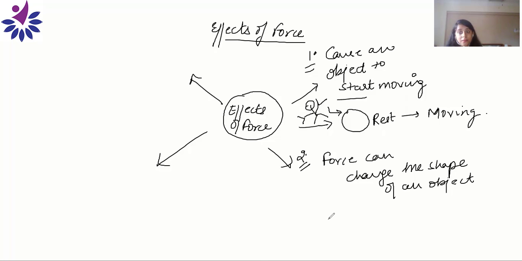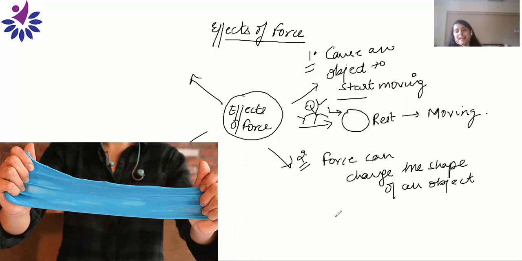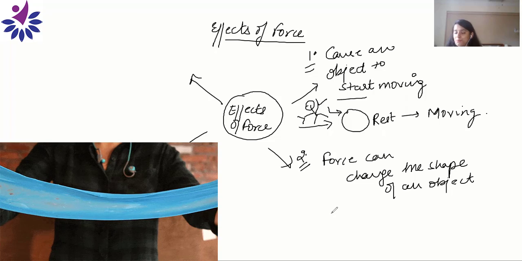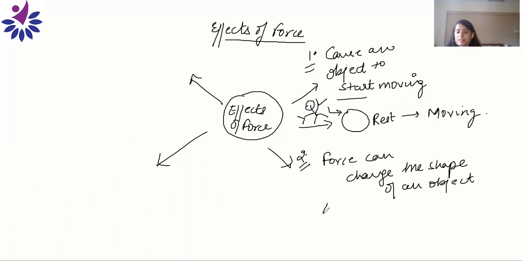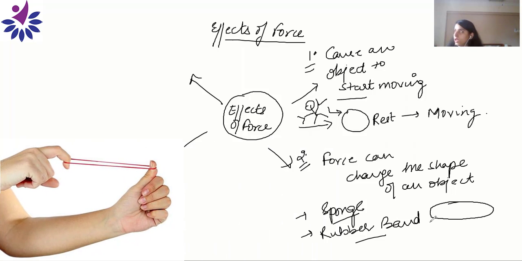Slime is one of them. I really like playing with slime. Second, I can think of a sponge. And also a rubber band, because when you apply a force on a rubber band from opposite sides, it becomes elongated, and when you leave it, it comes back to its original position.